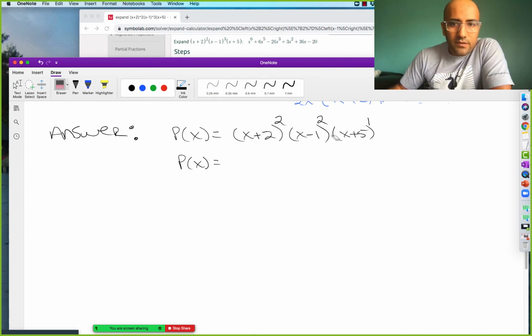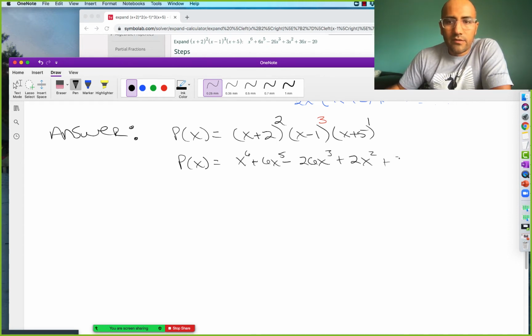So let's erase this 2. We turned it into a 3. And now I have the expanded form, which would be x to the 6th power plus 6x to the 5th power minus 26x to the 3rd power plus 3x squared plus 36x minus 20.